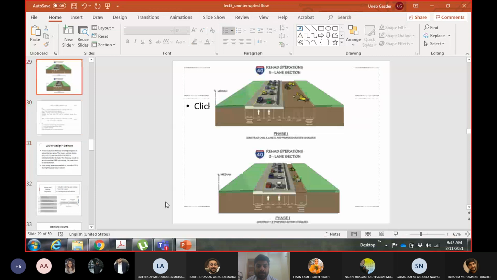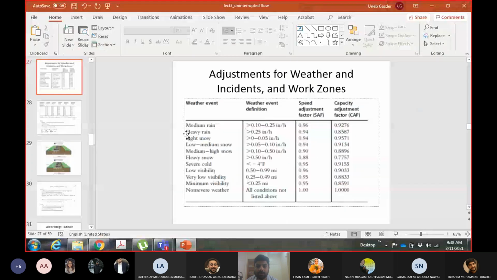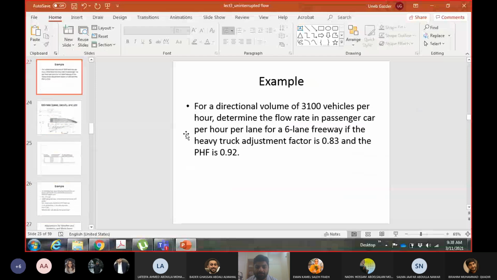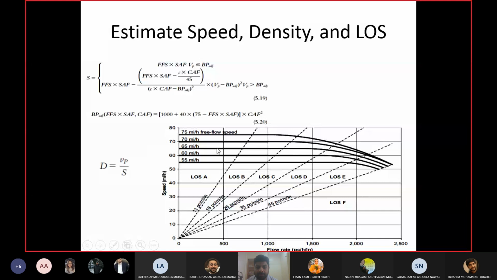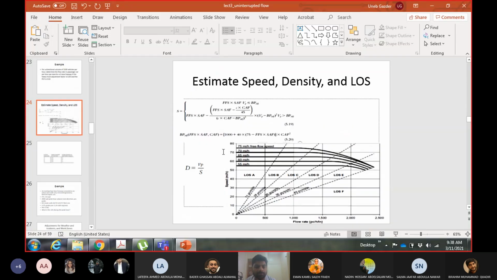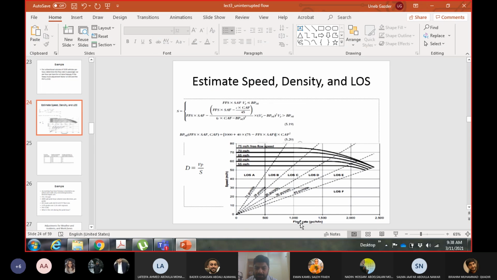The free flow speed is 65, so I can directly apply the graph. The value is 1629, so 1629 will be somewhere here. Not exactly in the middle, but somewhere close to the middle.